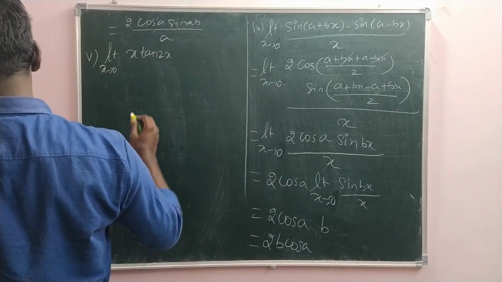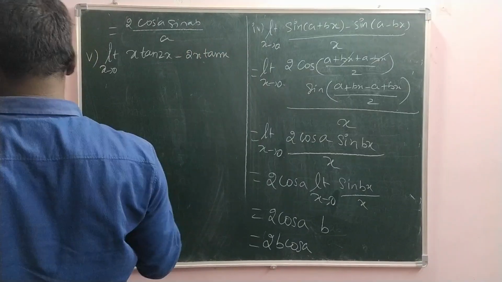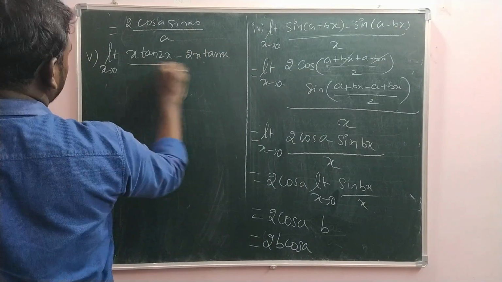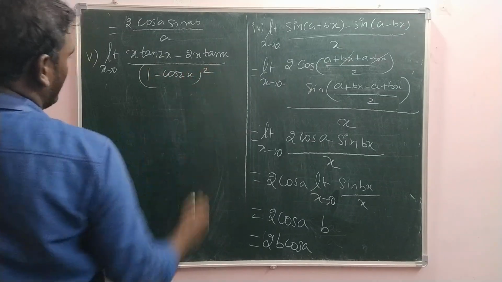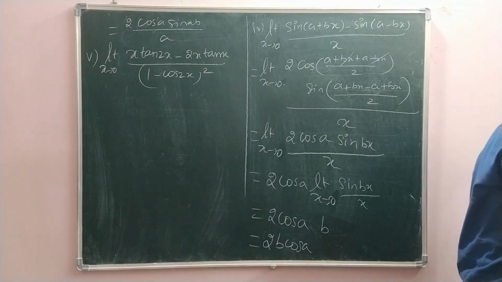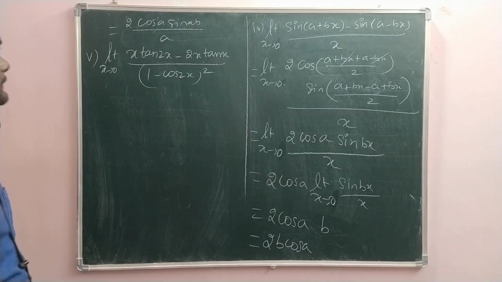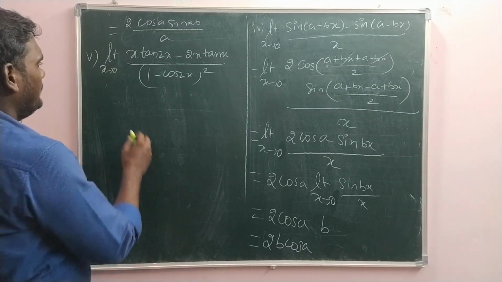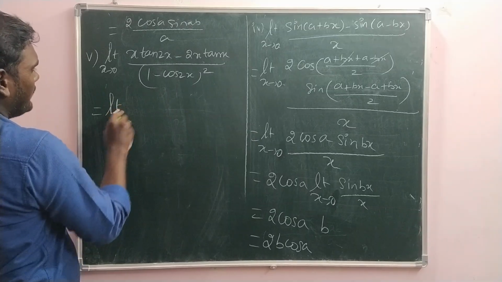So x tan 2x minus 2x tan x by 1 minus cos 2x whole square. How to solve this? Simply convert everything in terms of sin and cos.